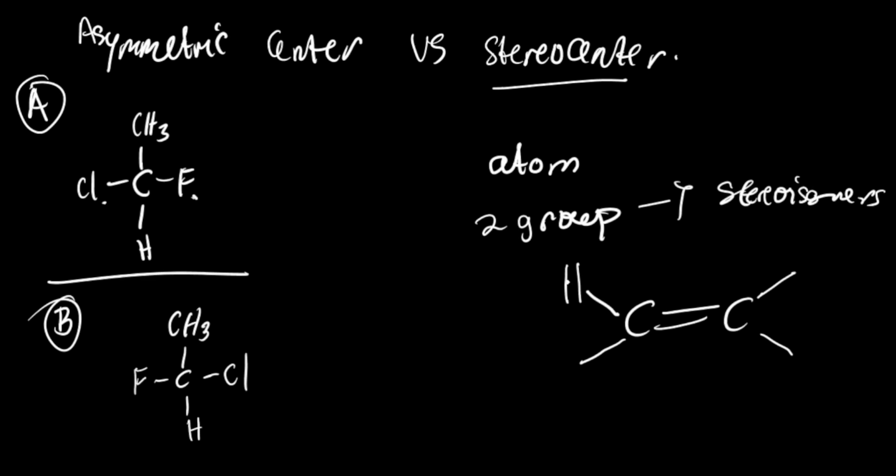Now we have hydrogen here and chlorine here, hydrogen here and chlorine here. When we were studying this, we said this is a cis-trans stereoisomer. Why? Because the double bond prevents rotation, and so the spatial arrangement remains the same.